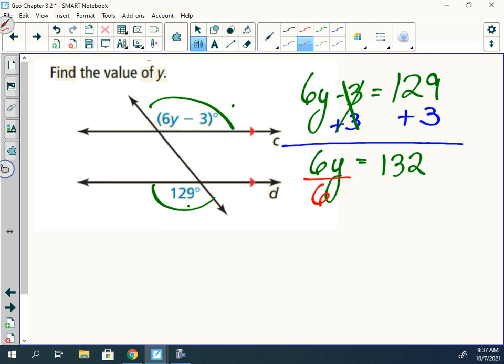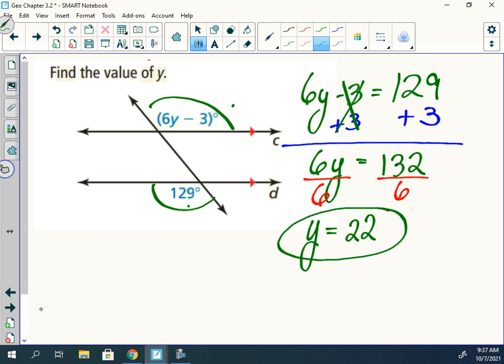So we would divide this by 6 and we would divide this by 6, because 6y divided by 6 would be just y. 132 divided by 6 is, it should be 22, I believe. And that's it. That's all we have to do on this here.